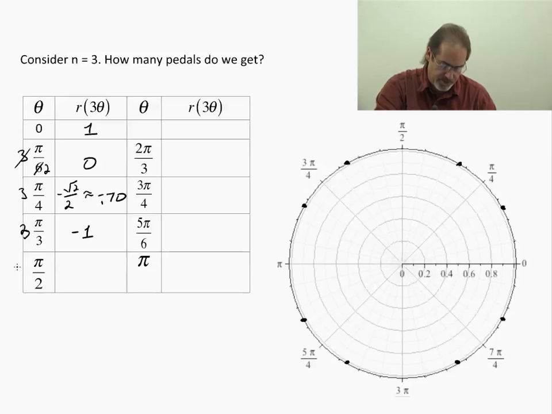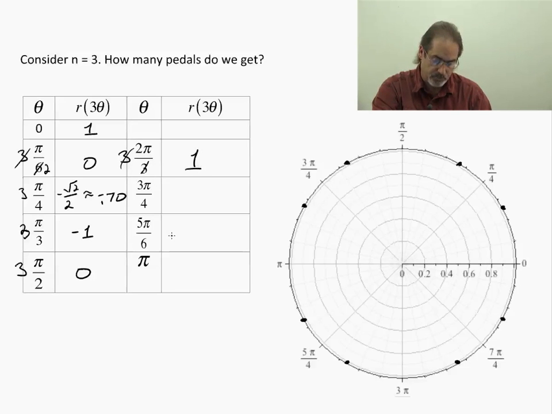Here I'll have 3 times pi over 2, so that is going to be cosine of 3 pi over 2, which is, of course, 0. And here I'm going to have 3 times 2 pi over 3, which obviously is just 2 pi, which is 1. At 3 pi over 4, I'm going to have 3 times 3 pi over 4.